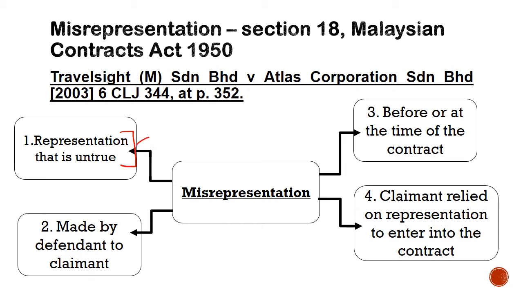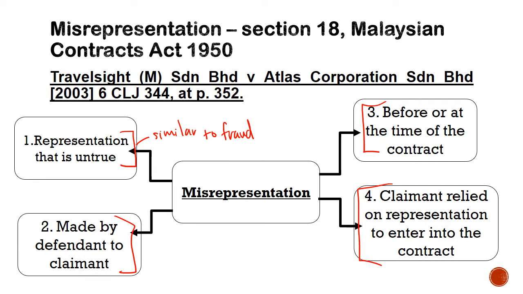Now, travel site has explained that misrepresentation concerns a representation that is untrue. So this part is similar to fraud, that any representation has to be something that is untrue. Similar to fraud, it must be made by the claimant to the defendant, before or at the time of the contract, and the claimant relied on the representation to enter into the contract.